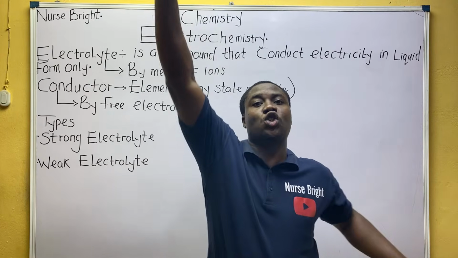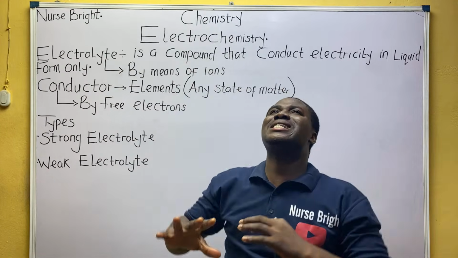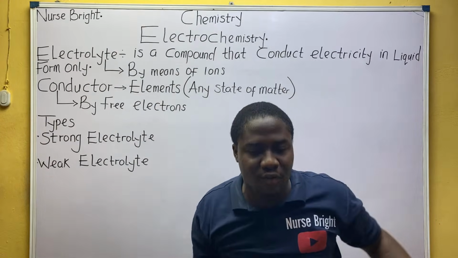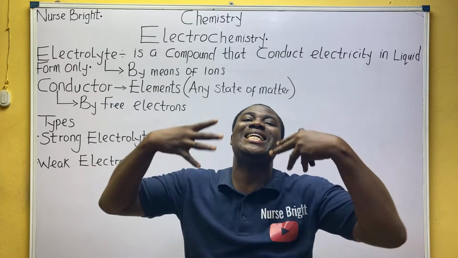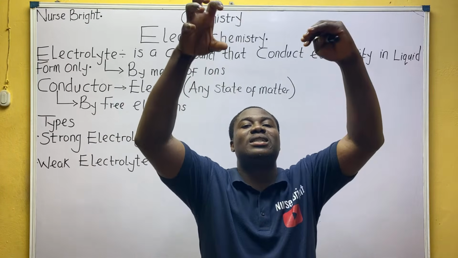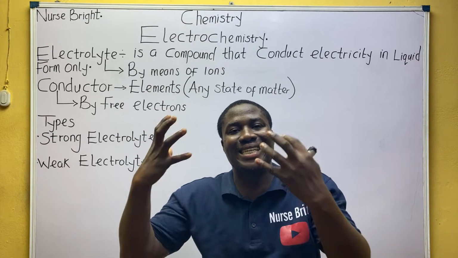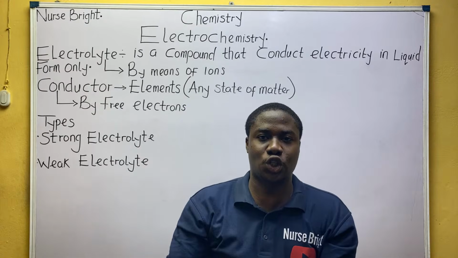That's what I mean by strong acid. It means the full acid itself breaks completely in a solution, the way salt will dissolve completely in water. That is how strong acids dissolve themselves in a solution.